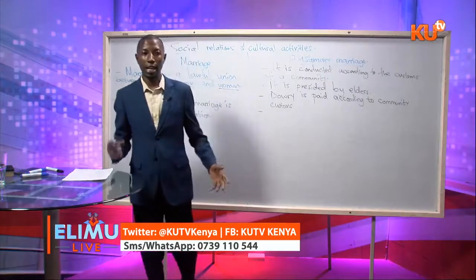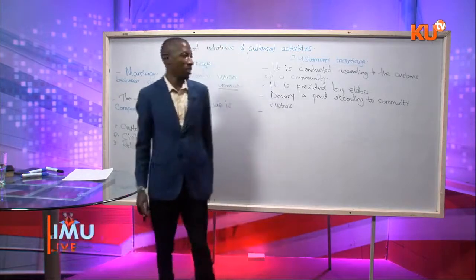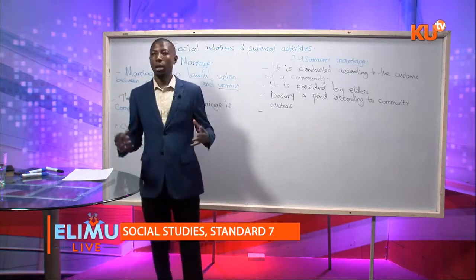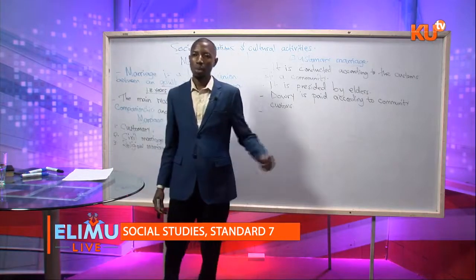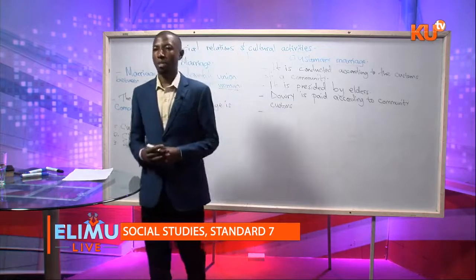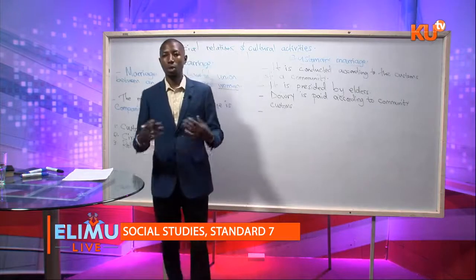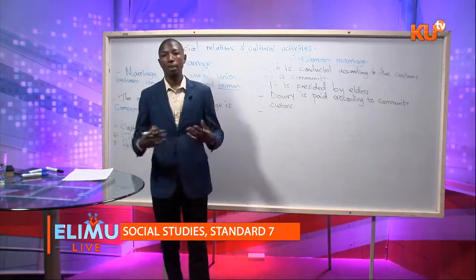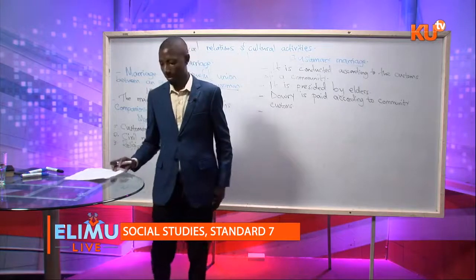So you will buy cows, and then you will take them to the woman's community, before you are allowed to proceed with your customary marriage. So what is dowry? Dowry is a token of appreciation that is given to the parents of the bride by the groom.